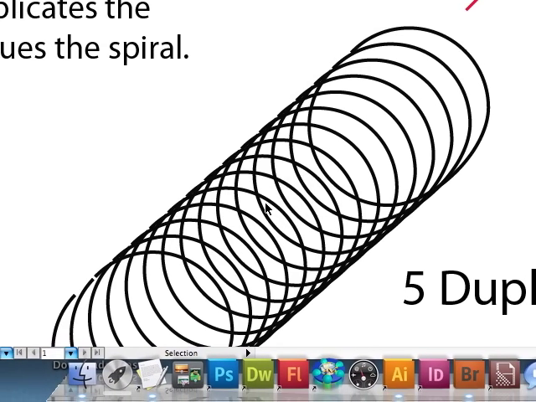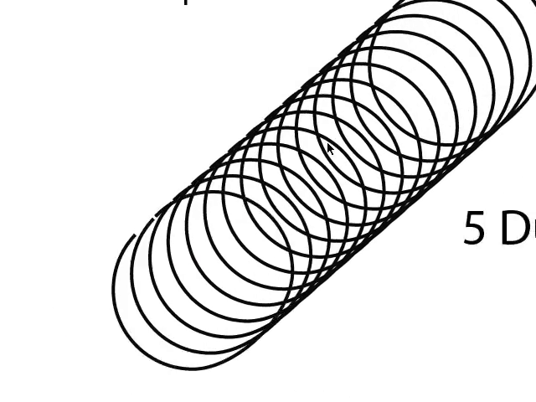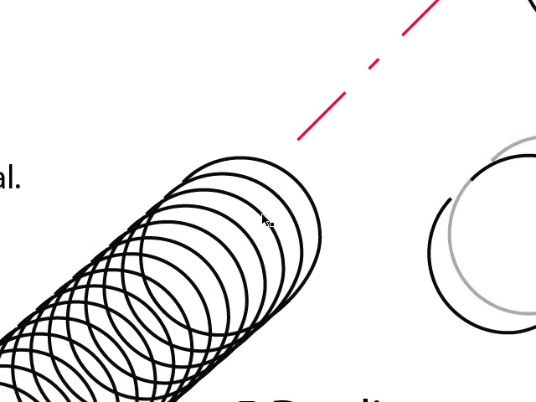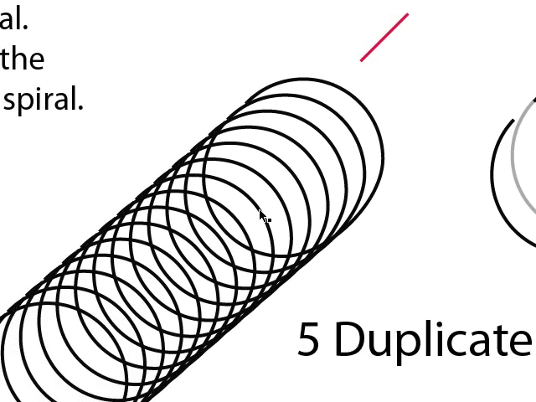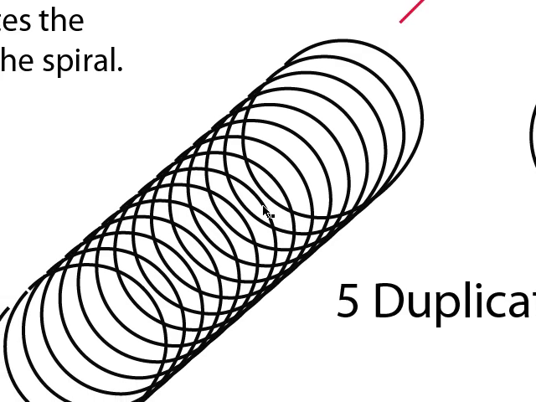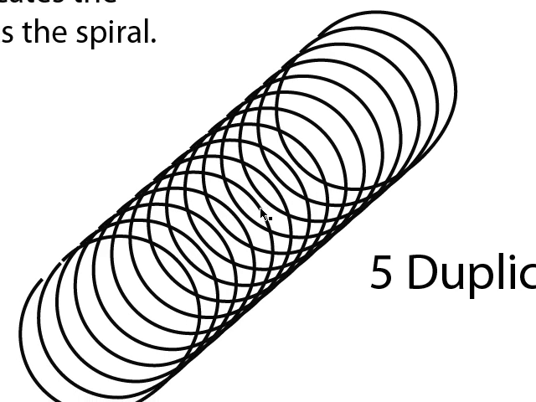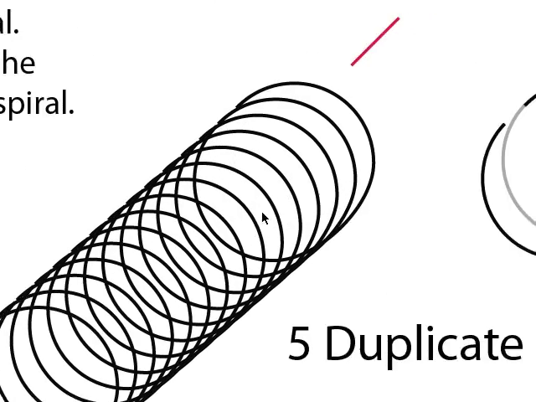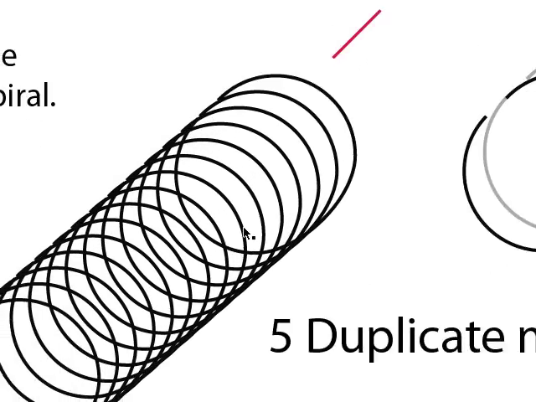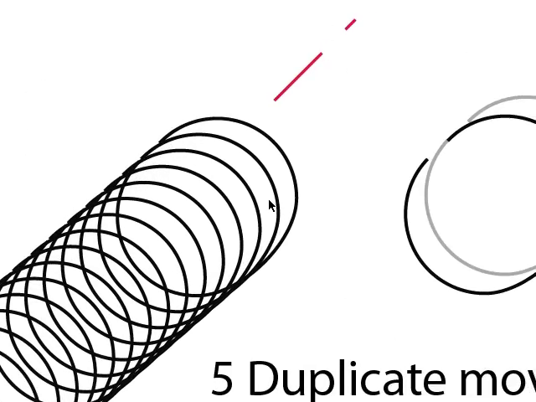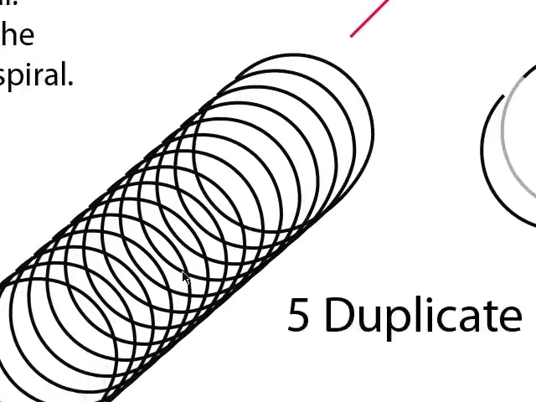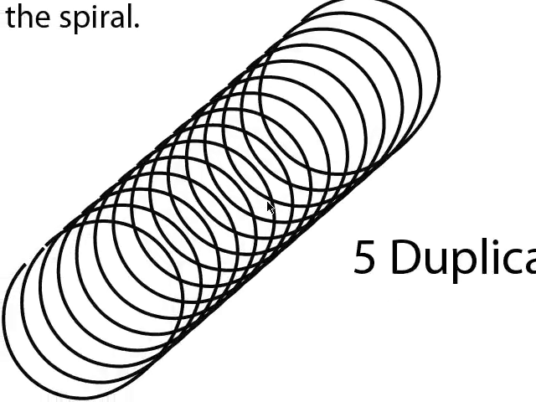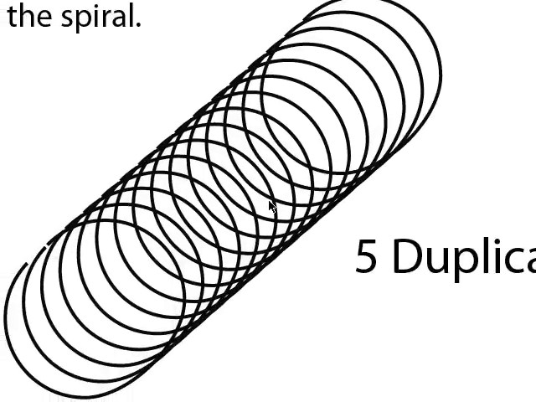Now let me move this up here. I've got 1, 2, 3, 4, 5, 6, 7, 8, 9, 10, 11, 12, 13, 14, 15, 16. So I really only have 1 inch of edges here to work with.